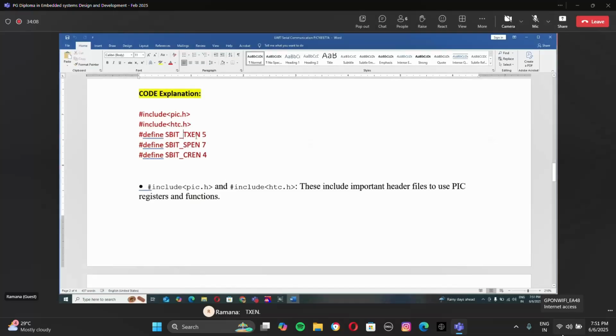Till now we have seen set bit giving the pin number. This is one type; you can connect like this also. For TXEN, we are giving the define as set bit.